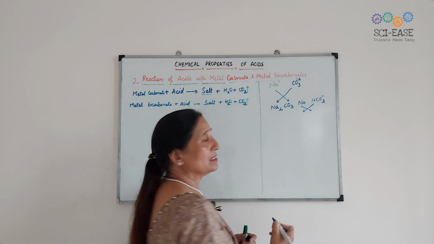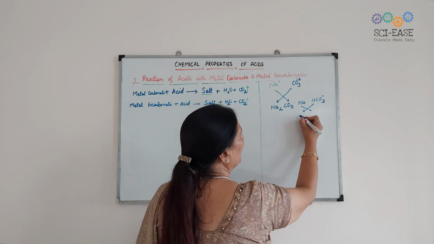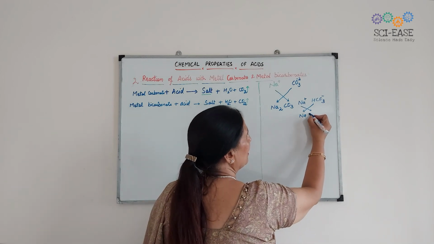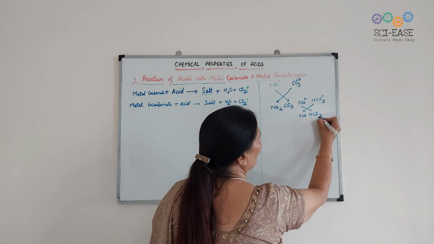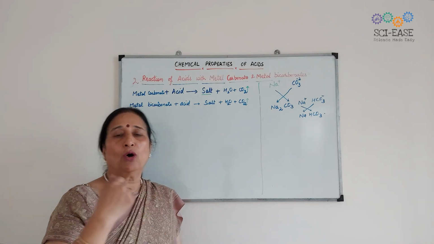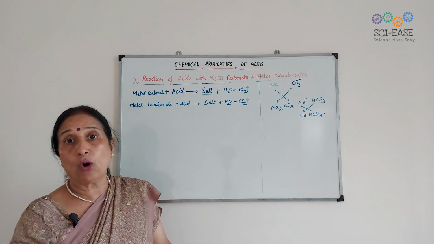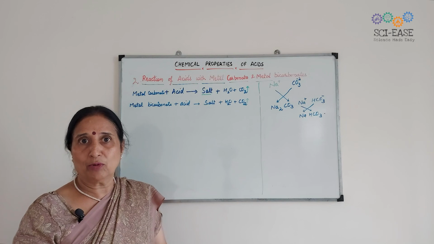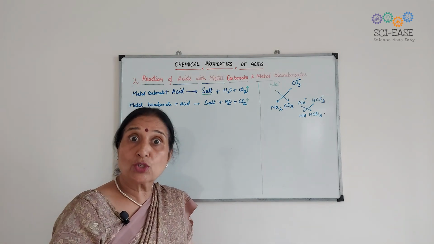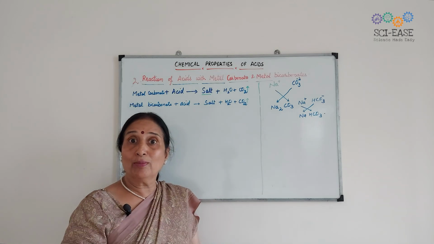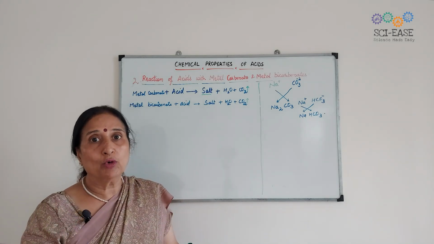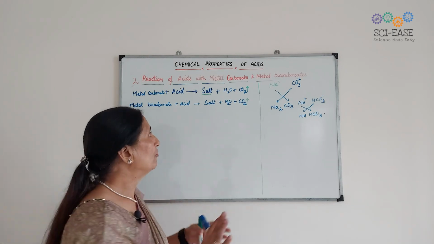Sodium again has valency 1, and here also 1, so the formula will be NaHCO3. You can form the formula of calcium carbonate or magnesium carbonate also. Calcium has +2 valency, magnesium also has +2 valency. If you take aluminium, it has +3 valency. Accordingly, the formulas of the carbonates and bicarbonates will be formed.